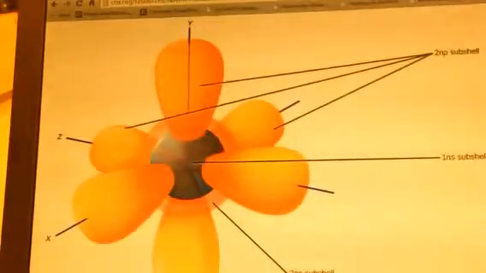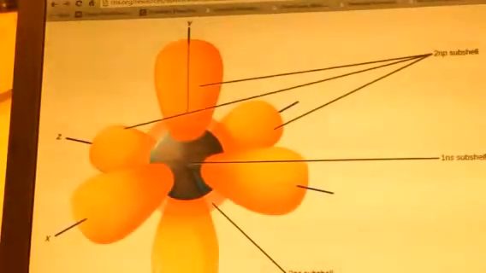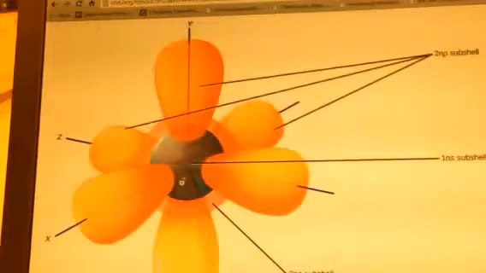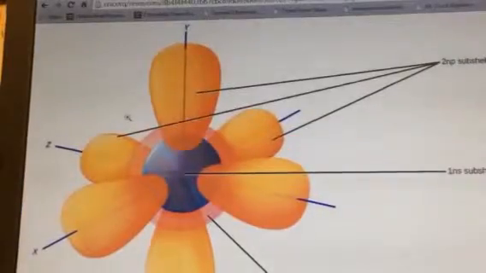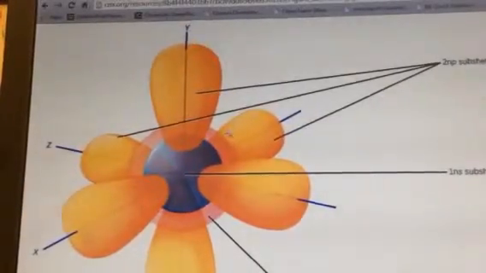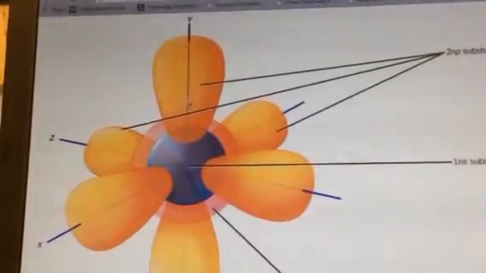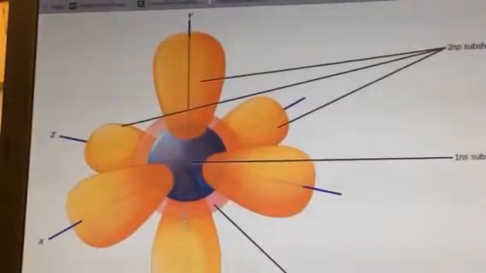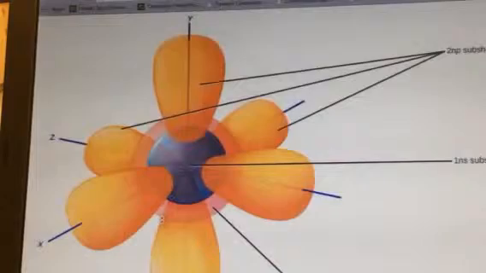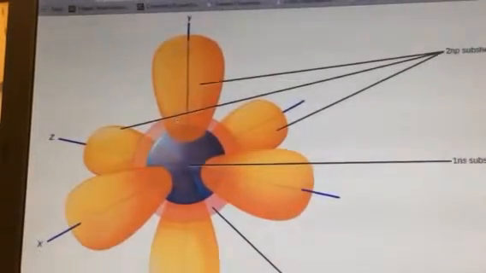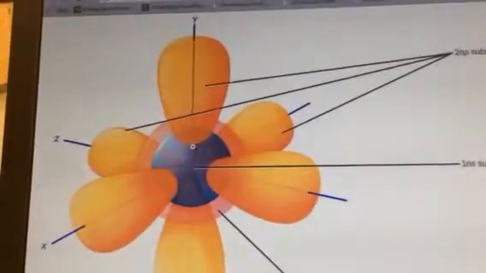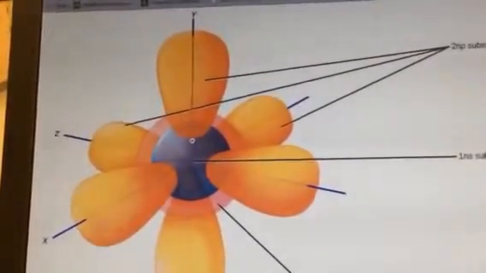So what you see here are some different shaped orbitals, and these actually look like little dumbbells. And the idea behind these is the electrons are simply likely to be found in these areas. Okay, so this is a probability area, an area of where you are likely to find electrons, but not necessarily.